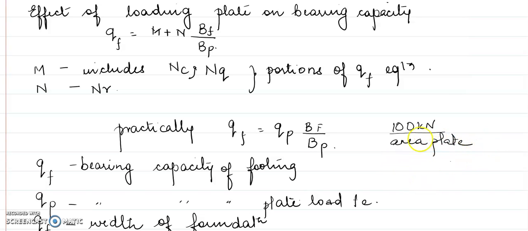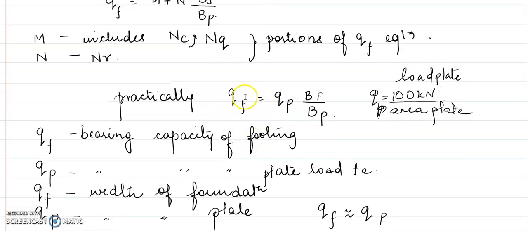If it was a circular plate, then it is pi r square. So you use the load that is applied on the plate divided by the area of the plate. This will give you qp. This qp you will substitute here into the width of the foundation divided by the width of the base plate. This will give you a value of qf.